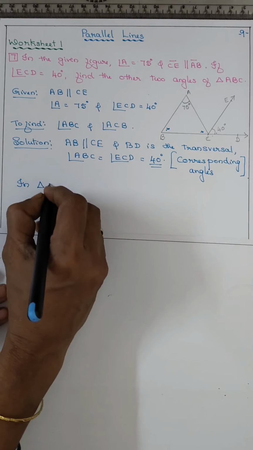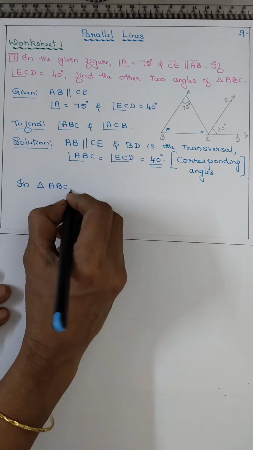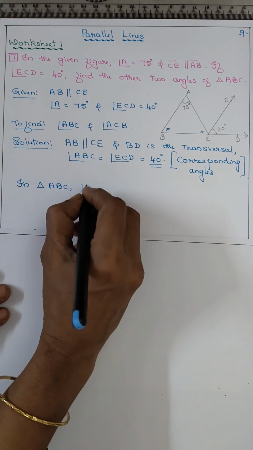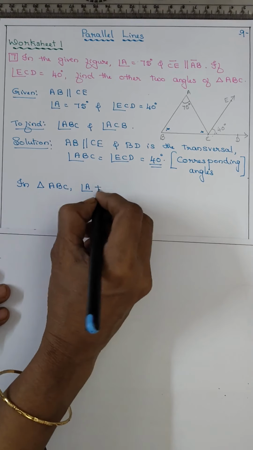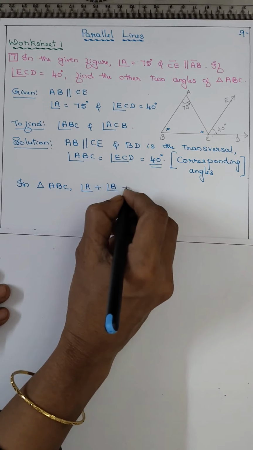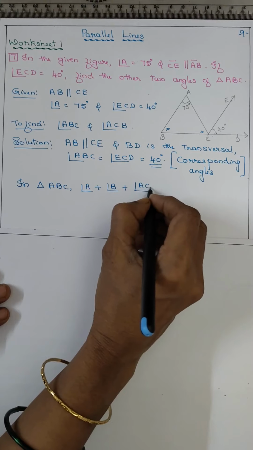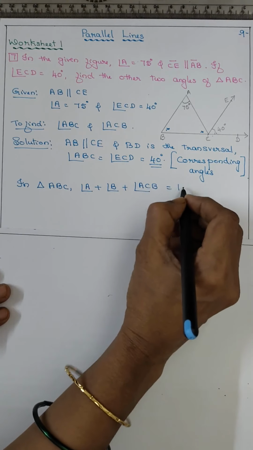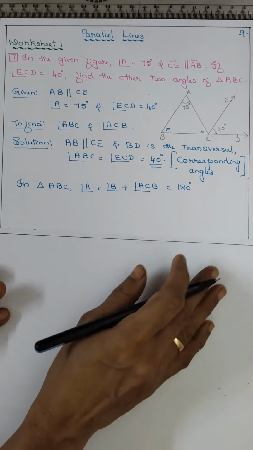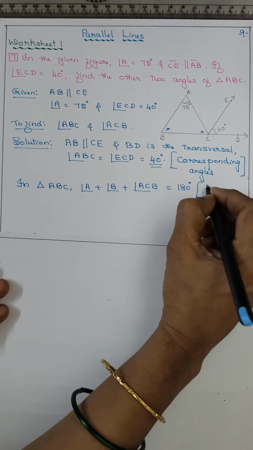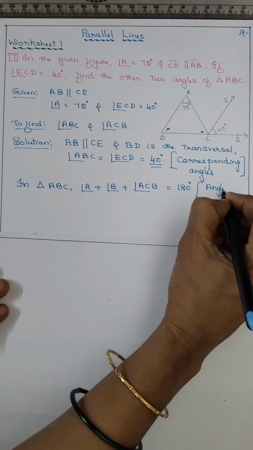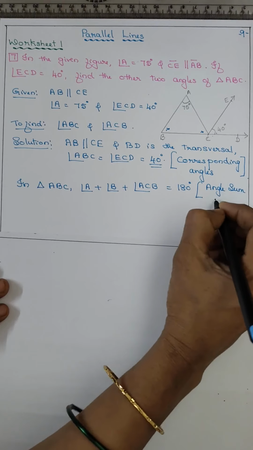In triangle ABC, angle A plus angle B plus angle ACB is equal to 180 degrees. Right, the reason: angle sum property.